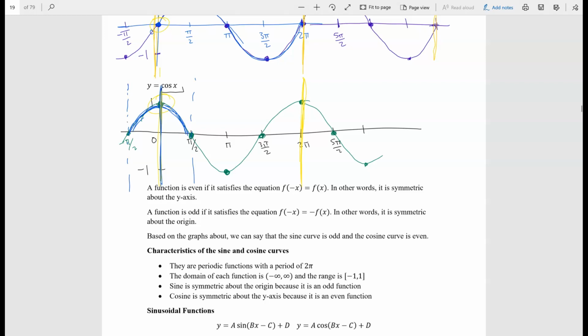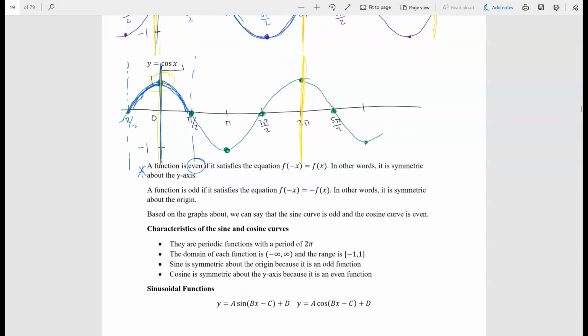Here we say a function is even if it satisfies the equation f of -x equals f of x. In other words, it is symmetric about the y-axis. You have this mirror image, which means cosine is an even function.